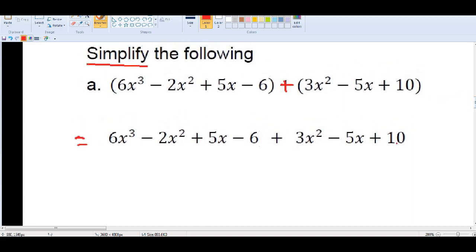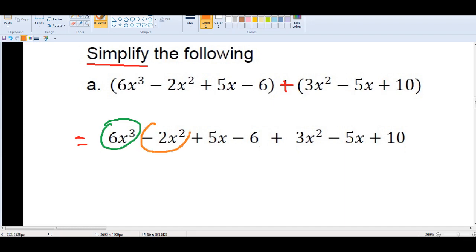Then you are going to group the like terms. What are the like terms? When you see 6x cubed, is there any other term with x cubed? No. That means there's only one term with x cubed. Then x squared.